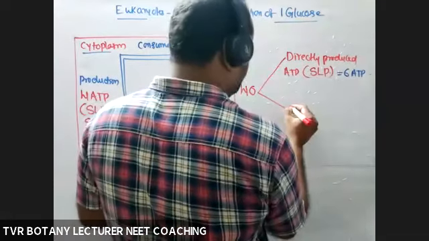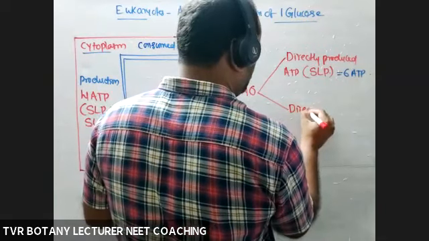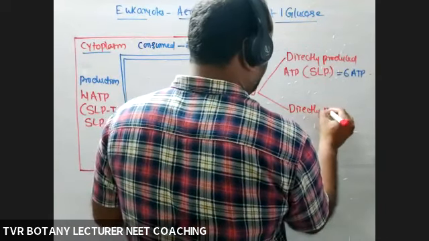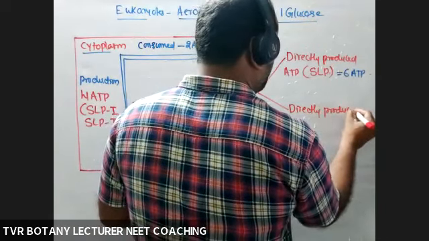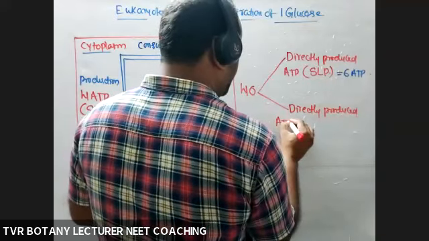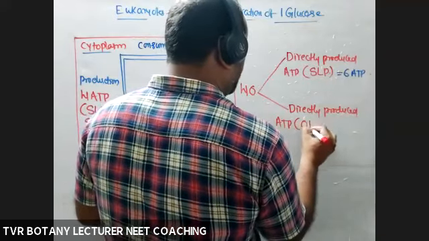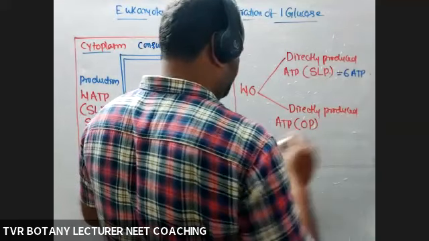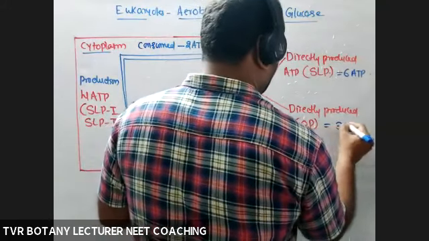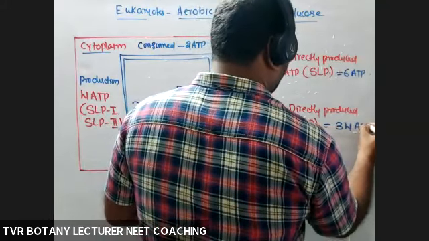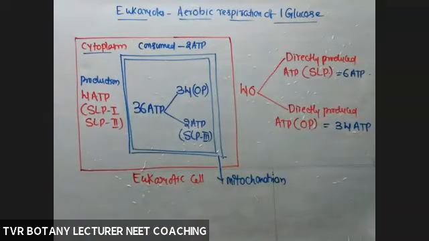Next, indirectly produced ATP. What is that indirect production? OP, oxidative phosphorylation: 34 ATP molecules. This is for NEET. Okay, in the case of eukaryotes.